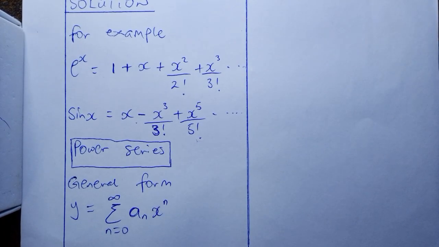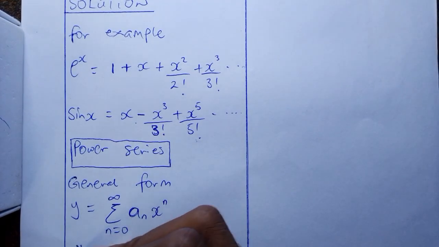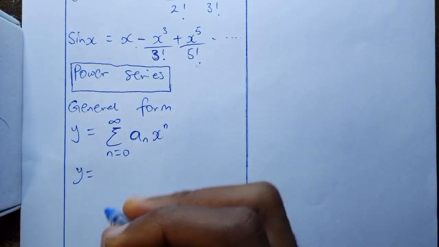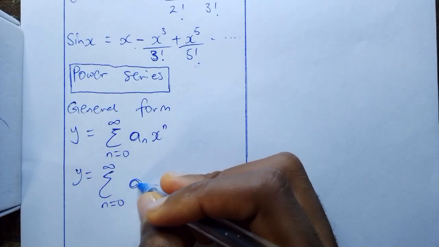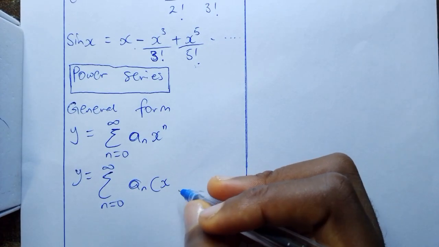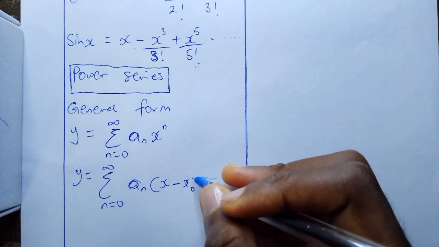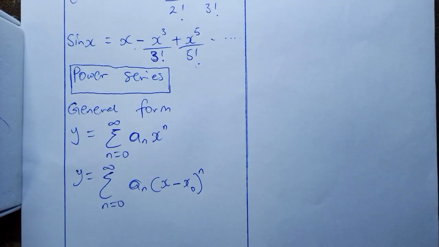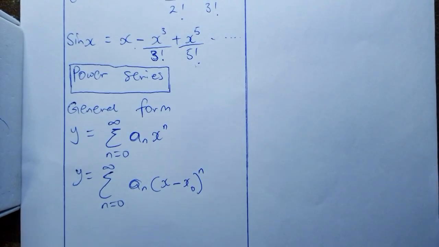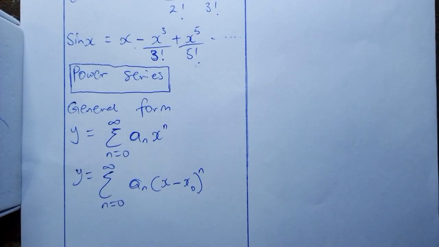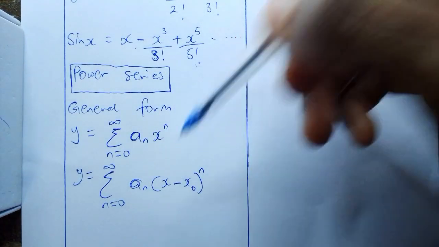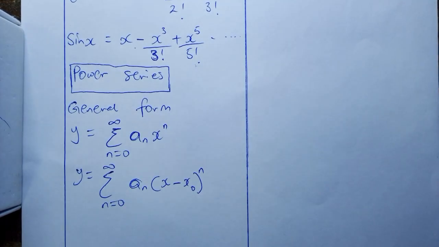Most people also write it as y equals summation from n equals 0 to infinity of a_n times (x minus x naught) all raised to the power n. Either you use this or this. This is the general form of a power series where a naught, a1, a2 and so on are constants called coefficients. This a is called a coefficient, and x is your variable.